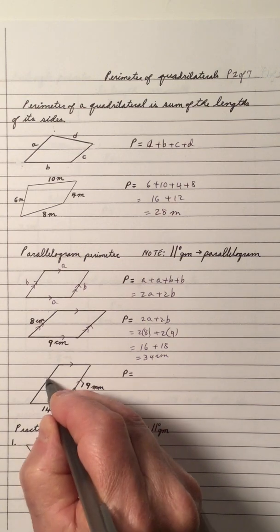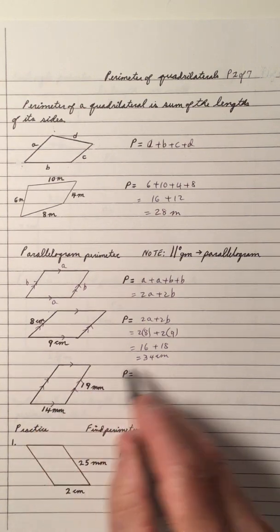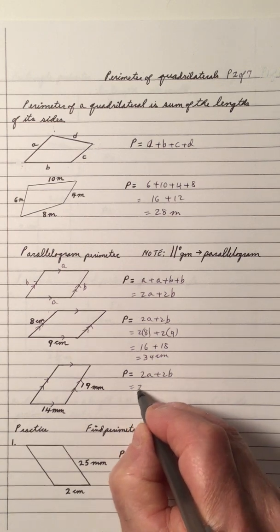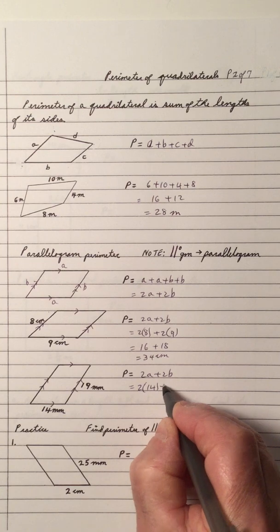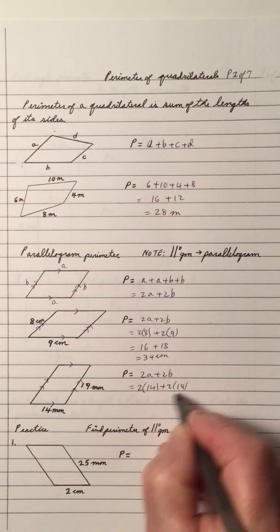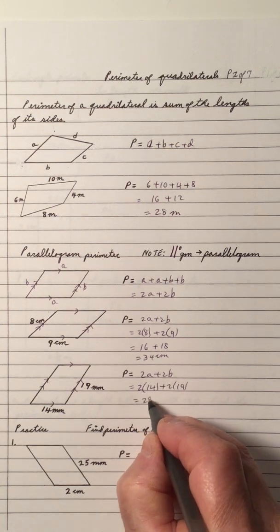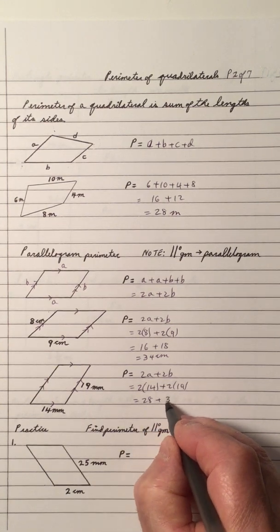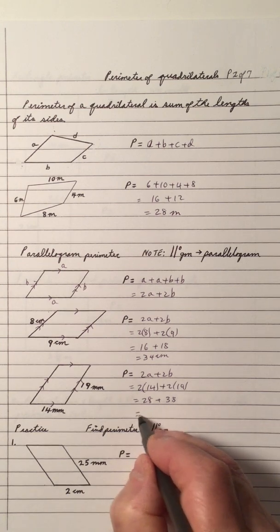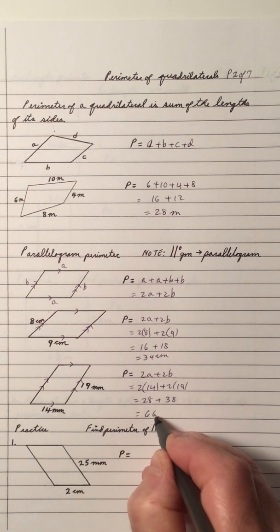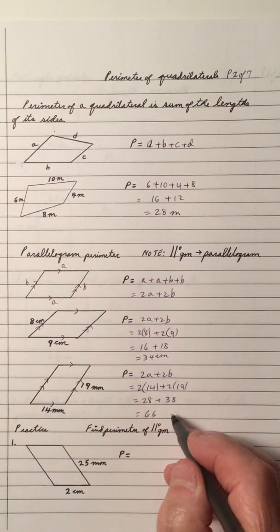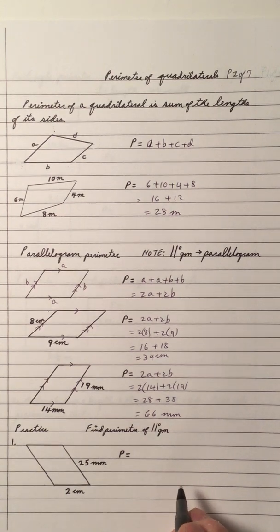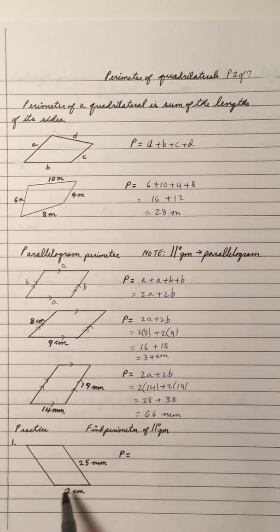So I put the parallel lines in to say this is a parallelogram, and 2A plus 2B is the formula, and A could be 14, and B could be 19. So 2 times 14 gives you 28, and 2 times 19 is 38, and add, we get 66, and it's in millimeters.